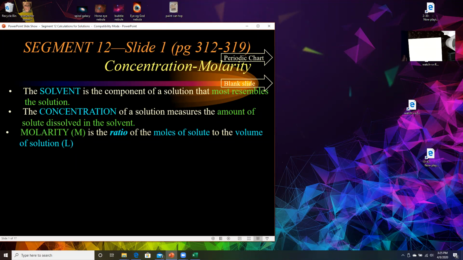If I'm saying I have 6 molar hydrochloric acid, what I mean is the amount of hydrochloric acid that I had is 6 moles divided by 1 liter, which gave me 6 moles per liter. So it is a ratio of two numbers, and you need to keep that in mind when you're doing problems with this.